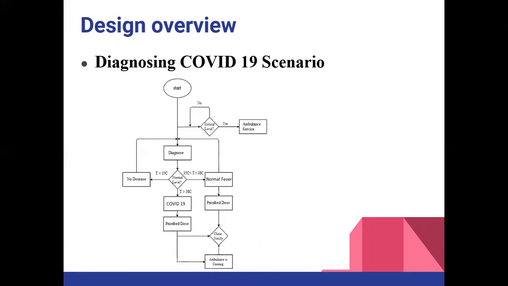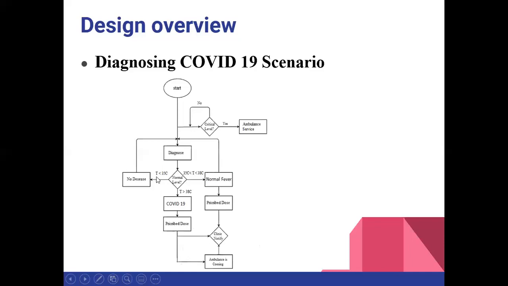The temperature level ranges from a normal level to a critical level based on the temperature degree. Initially, the patient is at a normal level where the temperature is supposed to be 35 centigrade. So the diagnosing will start here.